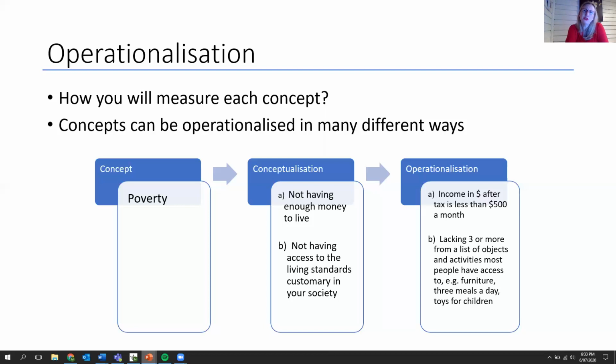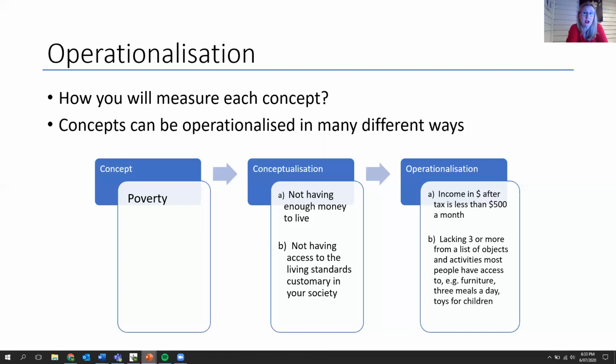So maybe we could further conceptualize that and go a little bit farther and maybe make it more sociological in nature. So how about this? Poverty could mean not having access to the living standards customary in your society, which might mean having a stable home or a stable place to live. It might mean not having enough food for 3 meals a day.